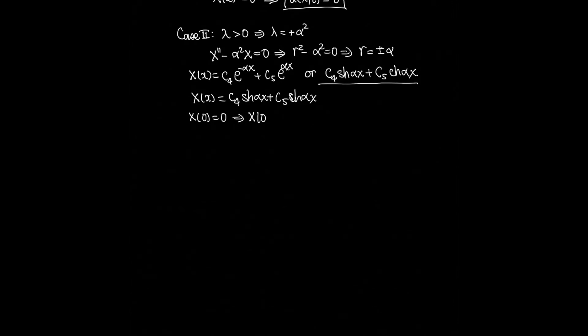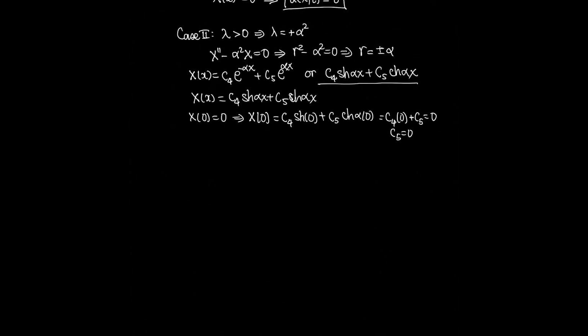I have X(0), which is going to be c4 hyperbolic sine of 0 plus c5 hyperbolic cos of 0. Hyperbolic sine of 0 is just 0, and hyperbolic cos of 0 is just 1, so c5 has to be 0.